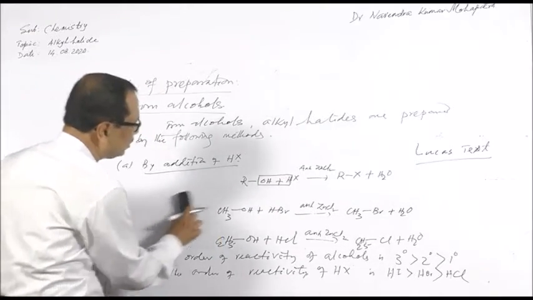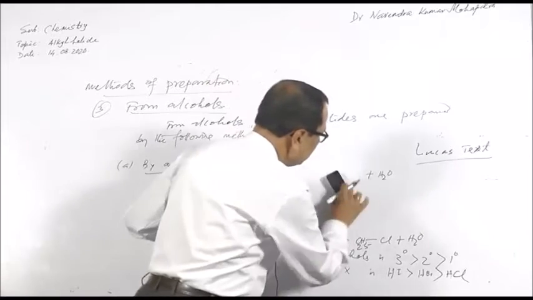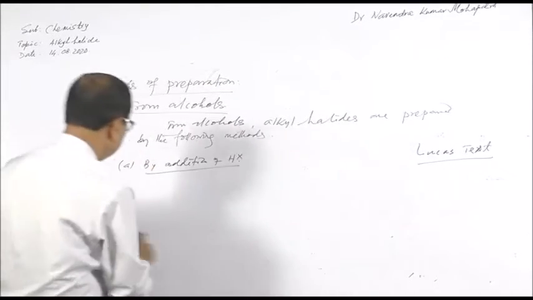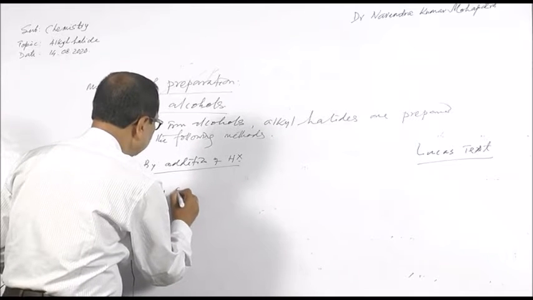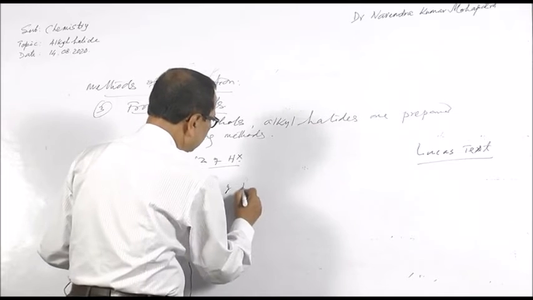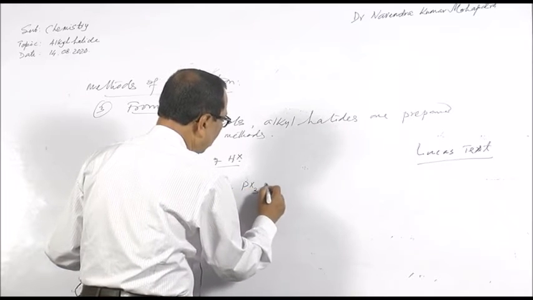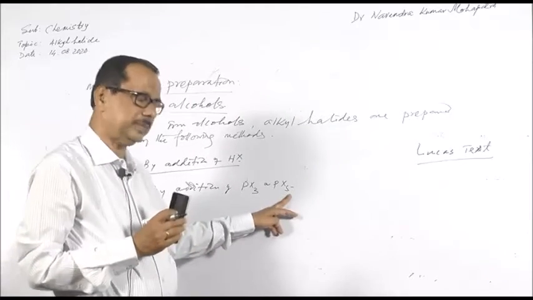The second method of preparation from alcohol is by addition of PX3 or PX5, phosphorus trihalide or phosphorus pentahalide.